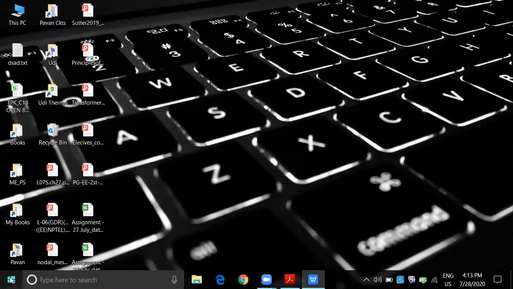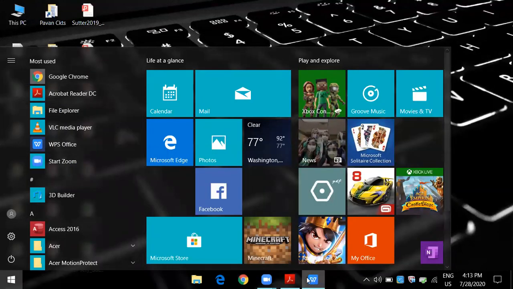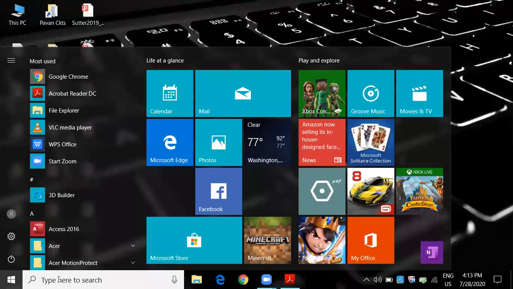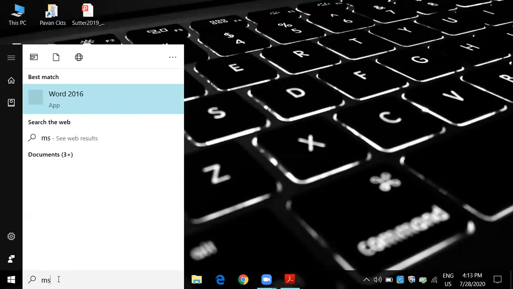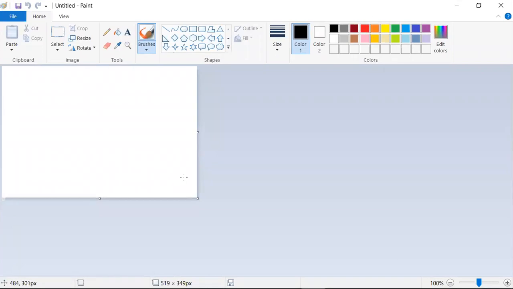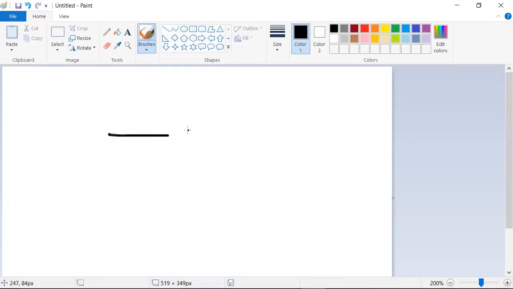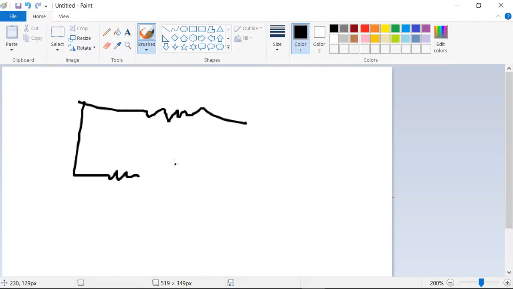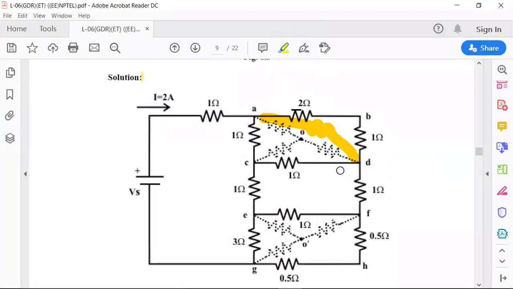Let me open Paint. It's clear. Now let me compare these two circuits. In this part, adding 2 plus 1 is nothing but 3.